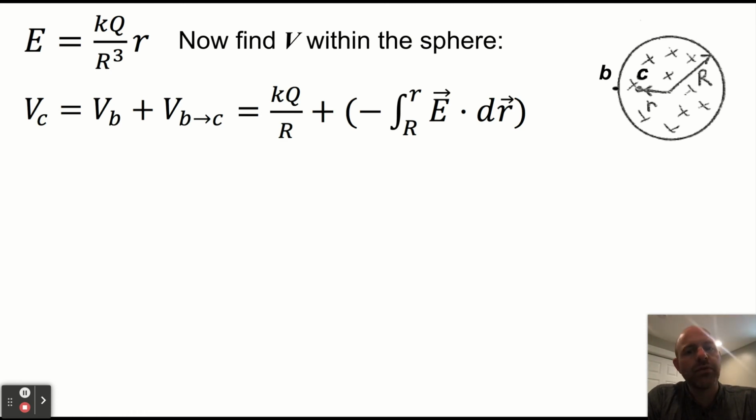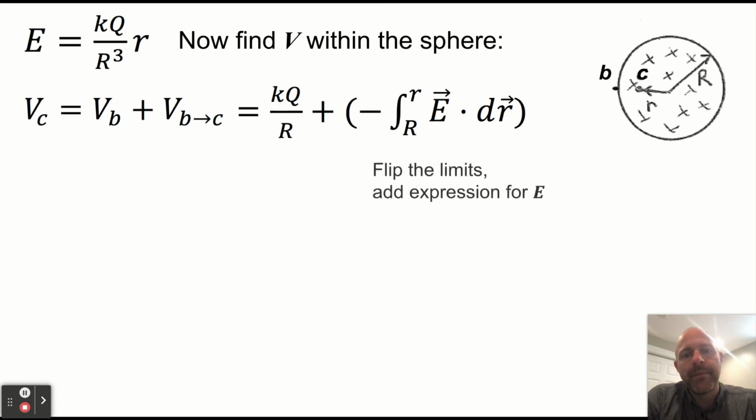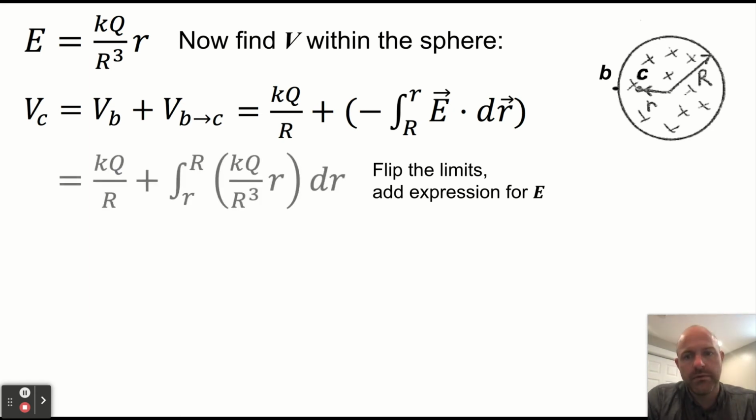And then we're going to use this integral form, the integral from basically capital R to some point little r of E dot dr, with the negative sign out there, to figure out how much the potential changes. We're basically dealing with the fact that the electric field is pointing outward here and dr is going inward. And so we can get the positive by flipping those, right? The only difference between integrating from capital R to little r and little r to capital R is the sign. So now it's plus.